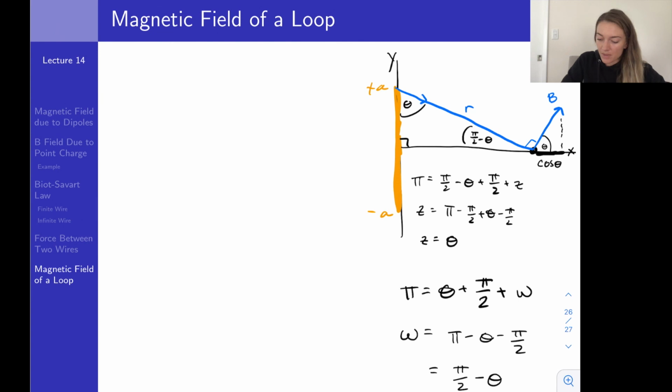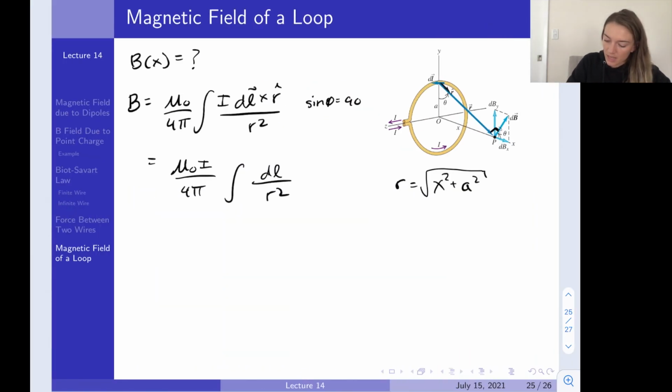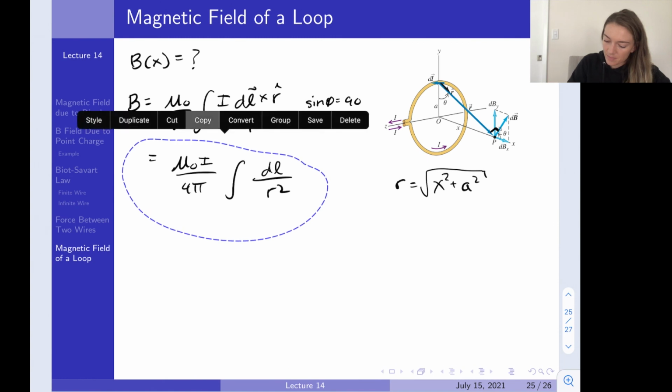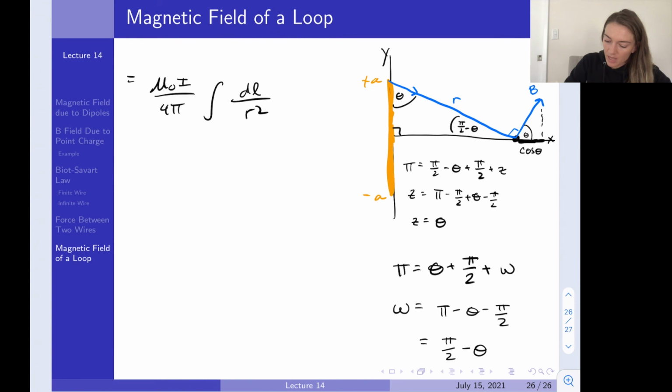So let me just rewrite what I had here. We're going to have the same integral, but now we have cosine theta. I can rewrite cosine theta as the adjacent side, so that is a over r, which is a over the square root of x squared plus a squared.